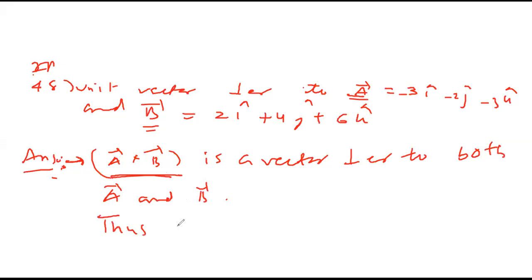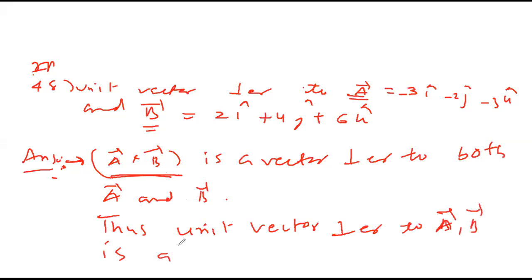Thus unit vector perpendicular to a bar, b bar is along a bar cross b bar. This is one of the important terms. So if I want unit vector perpendicular to a bar b bar, it is the unit vector along a bar cross b bar, because this is perpendicular to both a and b.